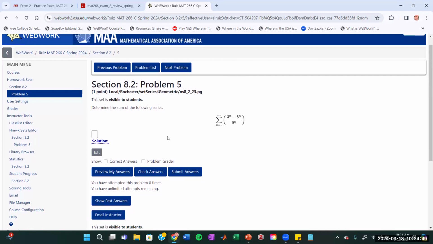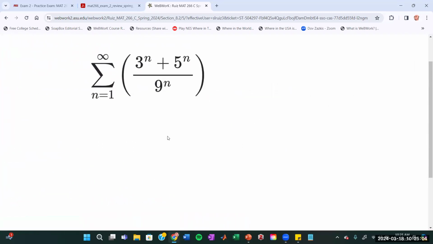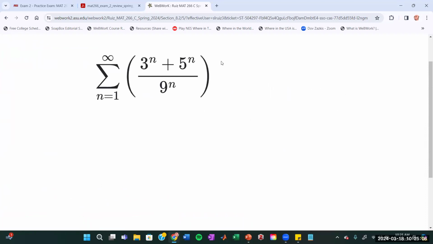How about this one? All right. So it says determine the sum. It's not asking you if it converges or diverges. It wants the sum, right?